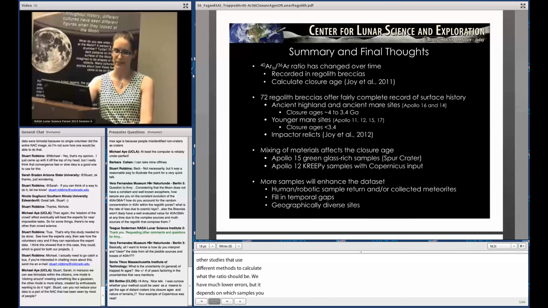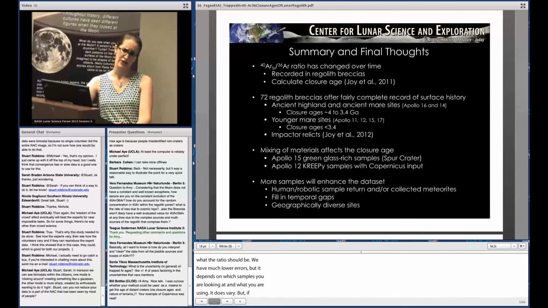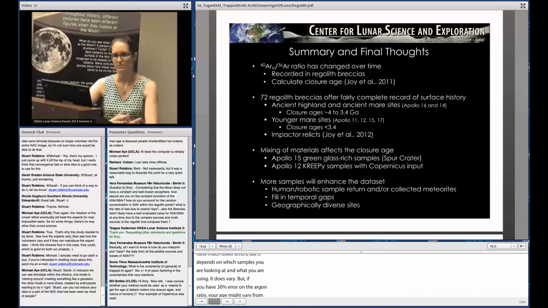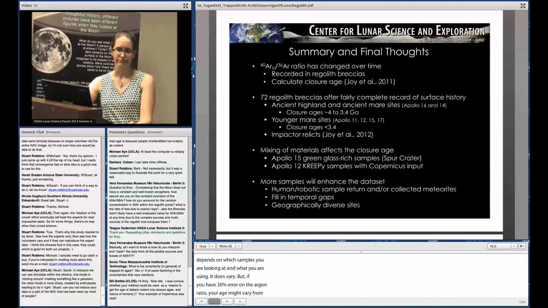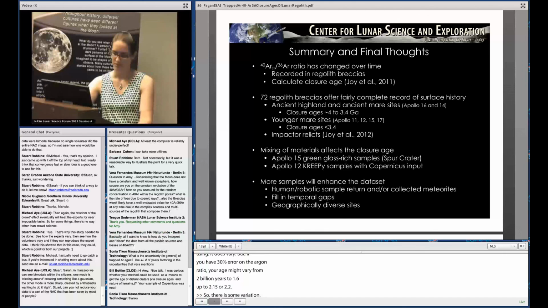If you had a 30% error on the trapped argon ratio, your age might vary from 2 billion years to 1.6 up to 2.15, 2.2. So there is some variation, but it depends on which data set you're using.